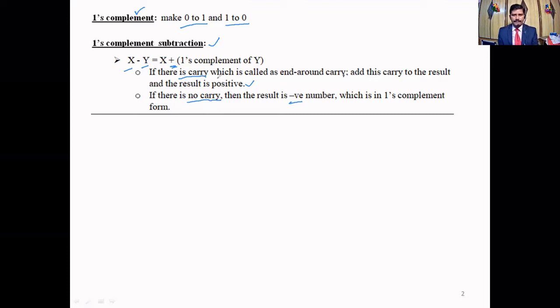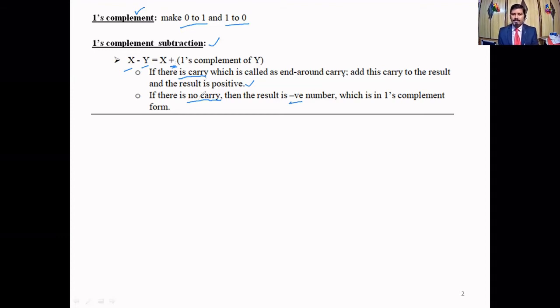As a conclusion, if you want to do subtraction using ones complement, find the ones complement of y and add it to x. If there is a carry, add that carry to the sum, and the result is positive; that means x is greater than y in that case.